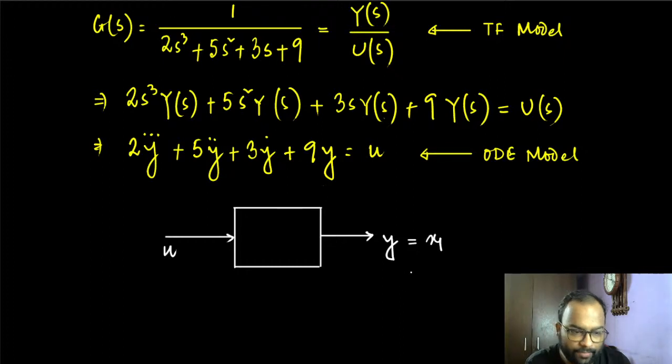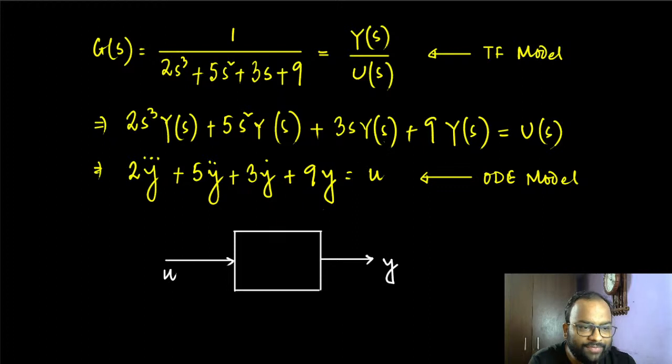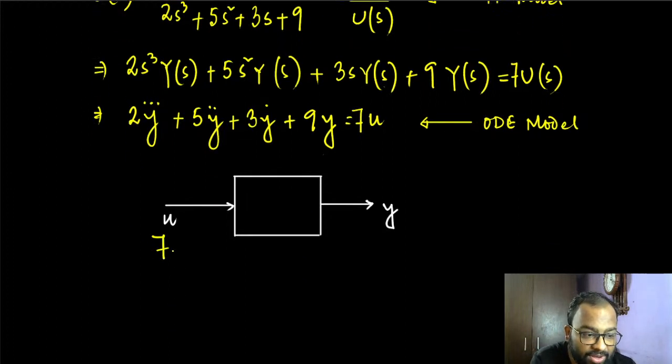Not a difficult thing. What if I write a 7 here? That means I have a 7 here and I also have a 7 here, which means the input has now become 7u. The input has become 7 times. Now this is an LTI system.